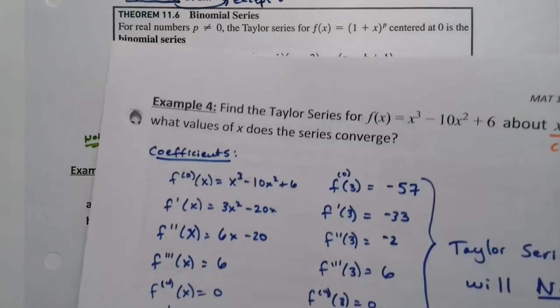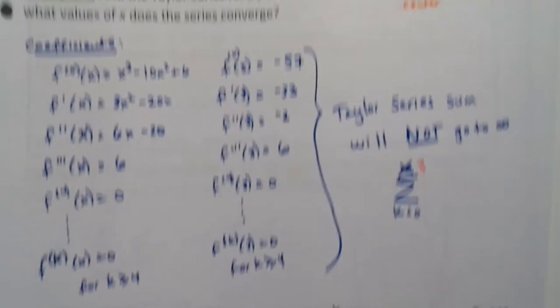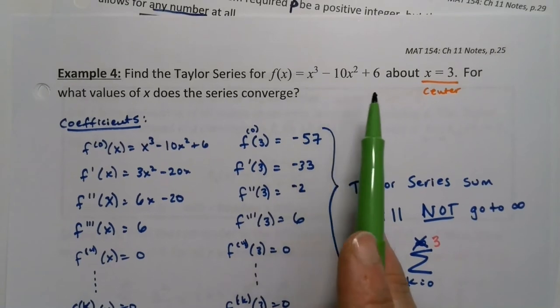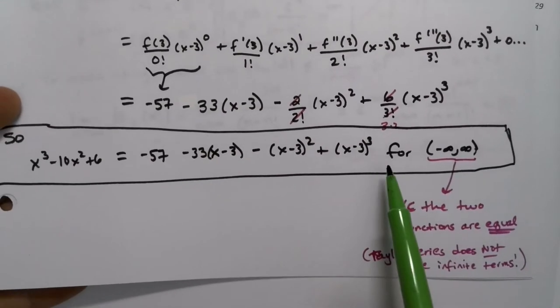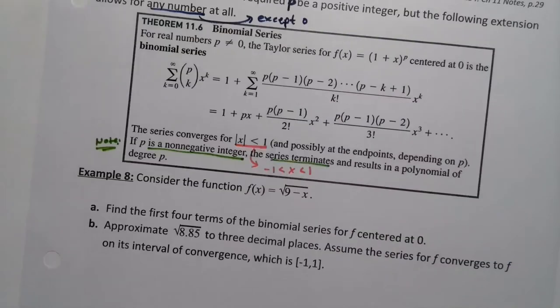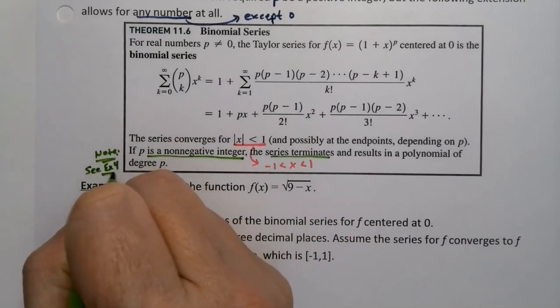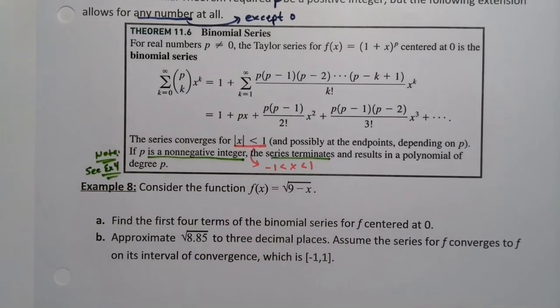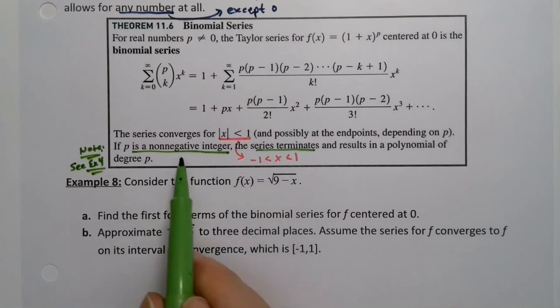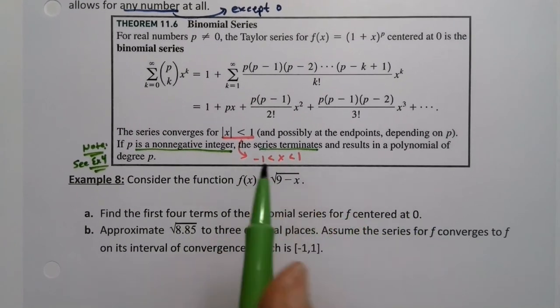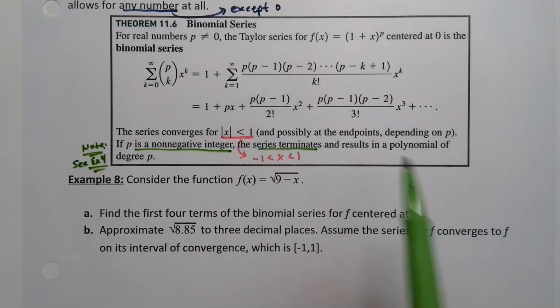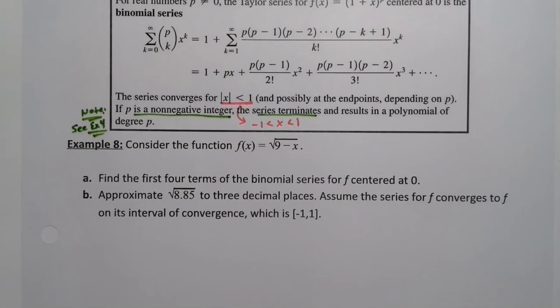Just a reminder, we saw something like that in example 4 here, when we had a polynomial and it ended up not being an infinite series. So we could say, note, see example 4, right? Because if you have a polynomial with a non-negative power, then it'll work out fine, and you'll have a terminating series that doesn't go to infinity.